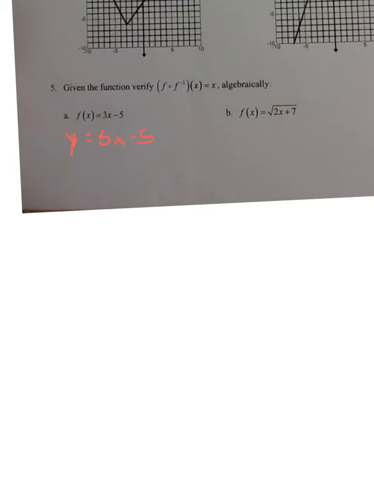So I switch x and y, so I get x equals 3y minus 5. So I add 5, I get x plus 5 is equal to 3y, and then I divide by 3. y is equal to (x plus 5) over 3. So there's my inverse. My inverse of f of x is equal to (x plus 5) divided by 3.